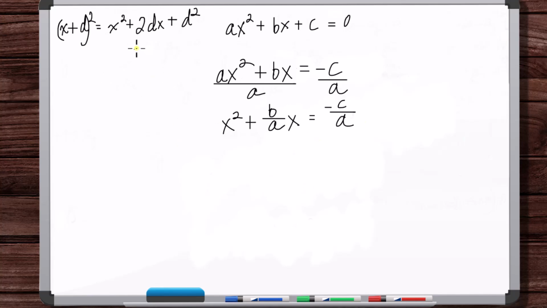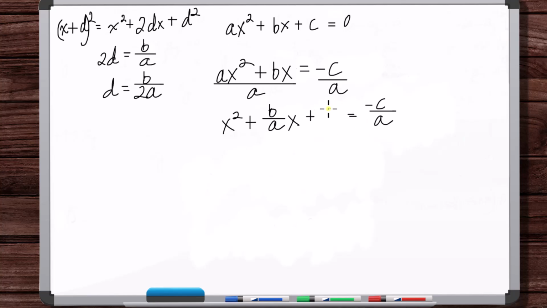Now, to create that perfect square trinomial, we can see that 2d needs to be equal to b over a. So d needs to be equal to b over 2a.